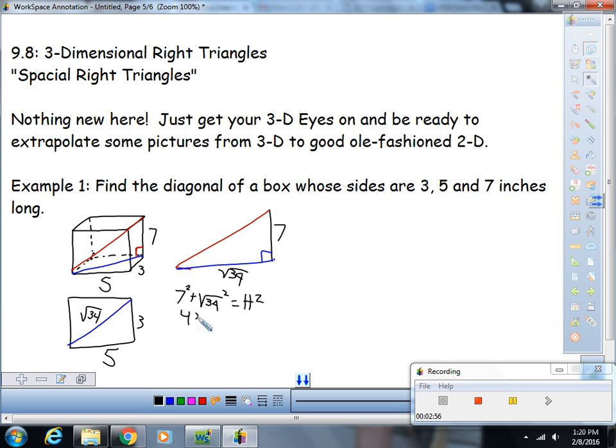So you get 49 plus 34, since the square and the radical are inverse operations and cancel each other. That's 83, so radical 83 is how long that diagonal of the box is. And radical 83 is simplified.